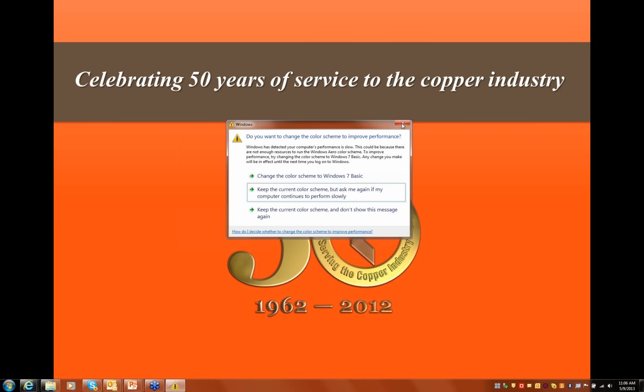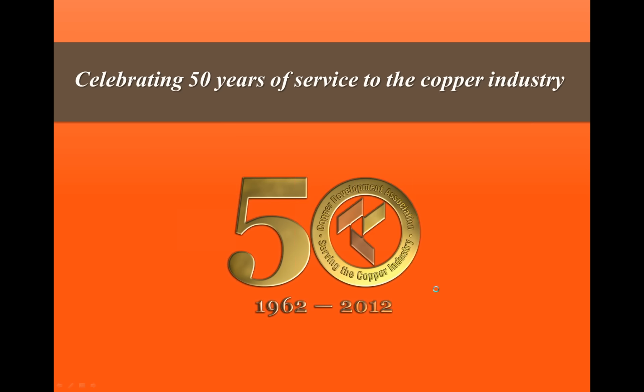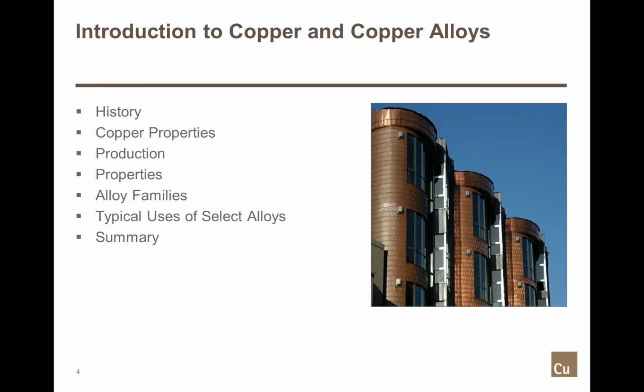Anyway, in this particular presentation, this is fairly basic copper information. However, we'll touch on some history of copper over the ages very shortly. We'll talk about basic copper properties.